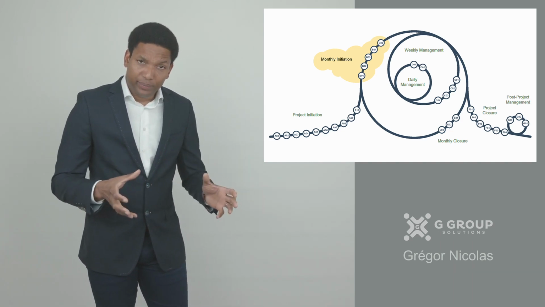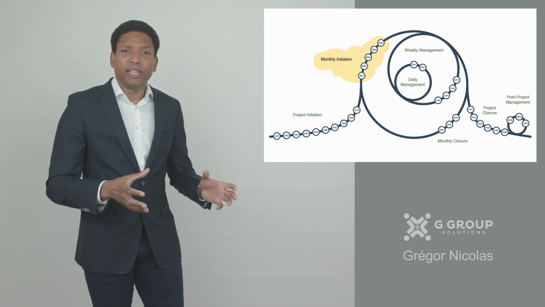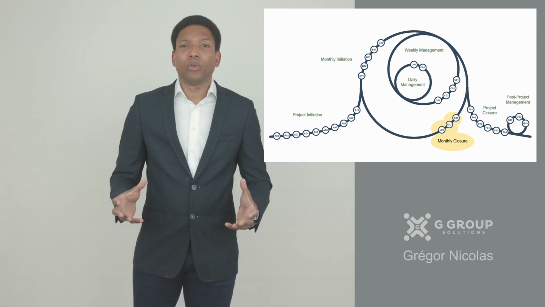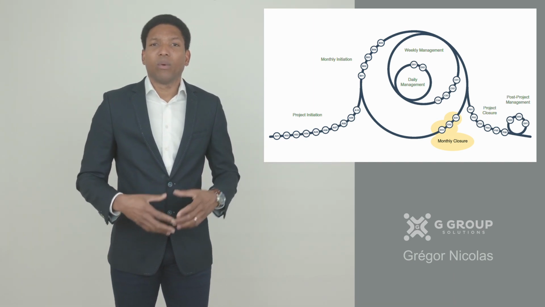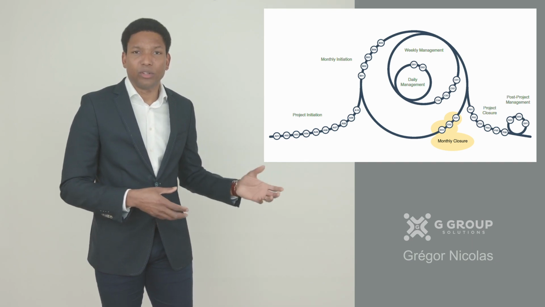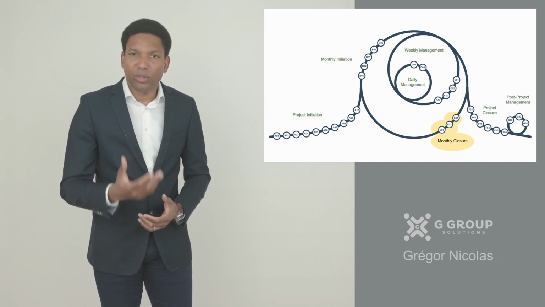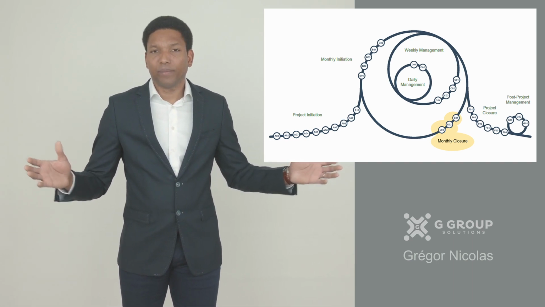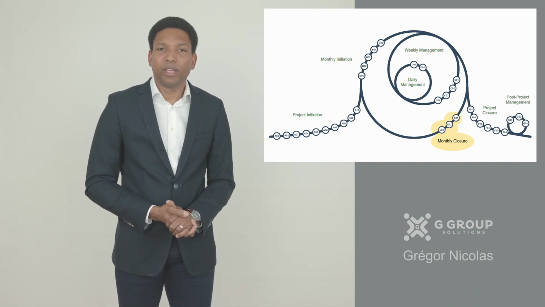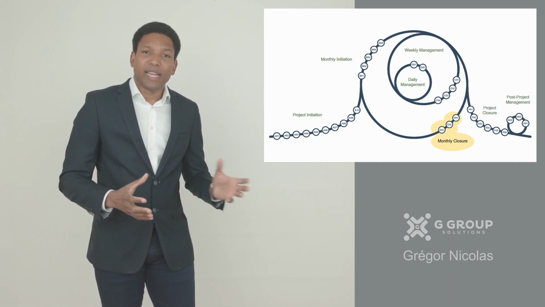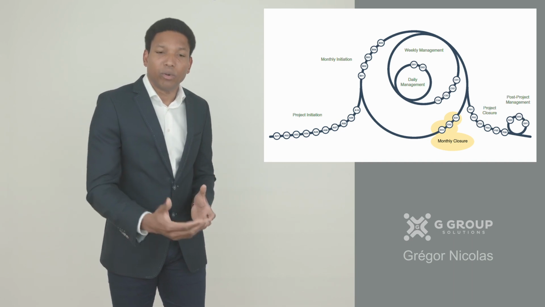Like for the project, you will need a monthly closure. You sit down, the team evaluates, how did we do, how we're going to move on from there, what is missing, do we re-evaluate. That's where the cycle goes back to the monthly, the time of the project or the journey that you have with the whole team to make sure that throughout that process you can adapt, but you also move forward.